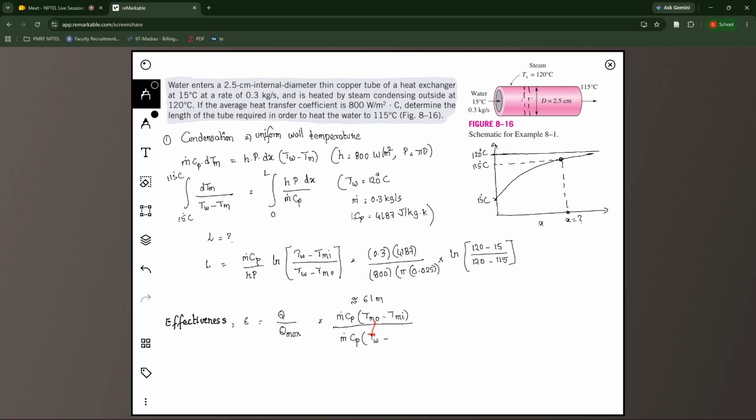This is the maximum amount of heat that this system can take. Only because I have reduced the length to around 61 meters, instead of making it infinite, the actual heat is a little lower than that. This ratio of the actual heat transferred to the theoretically possible heat is what we call effectiveness. Remember this concept and we will use it a little while later.